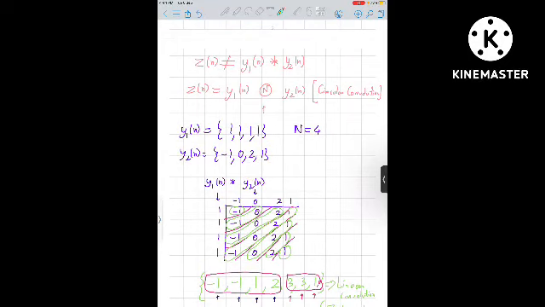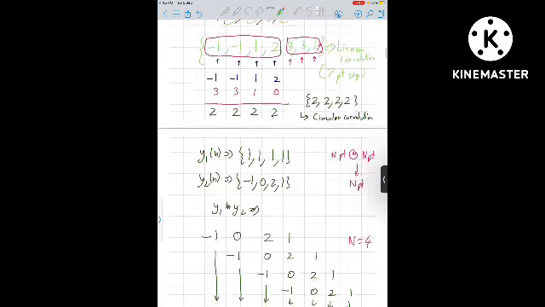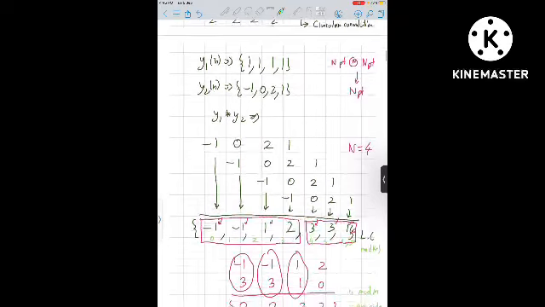Are you okay with this convolution? How this convolution is done? Do you know this method? The ones that I've shown over here. Okay. So do you follow something?